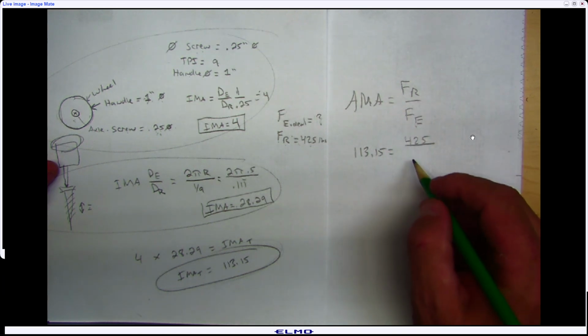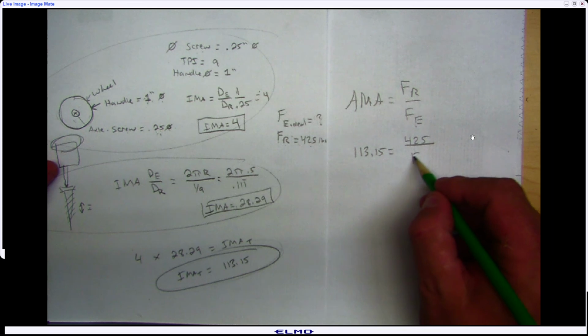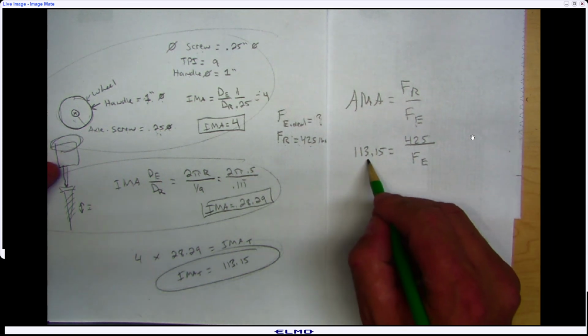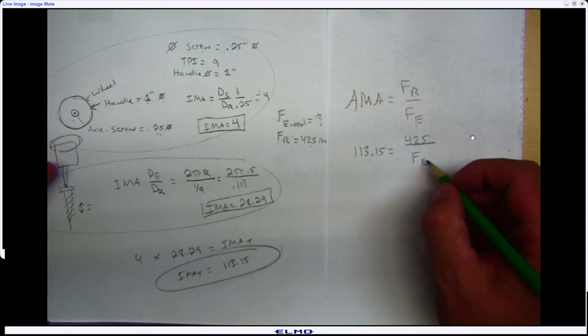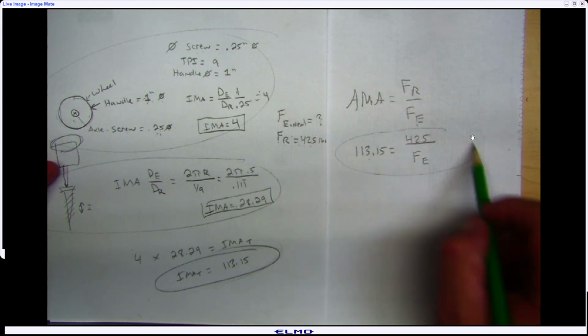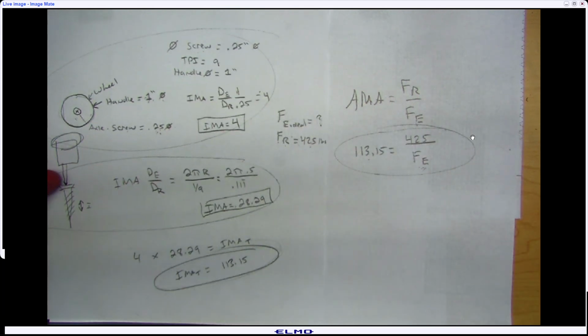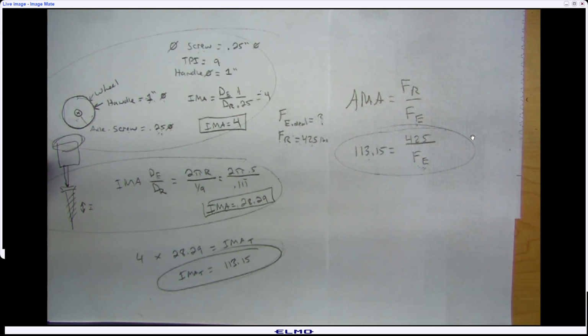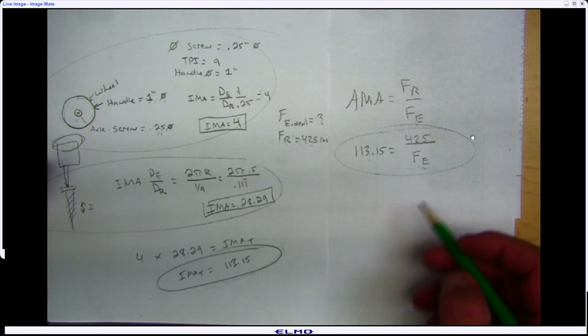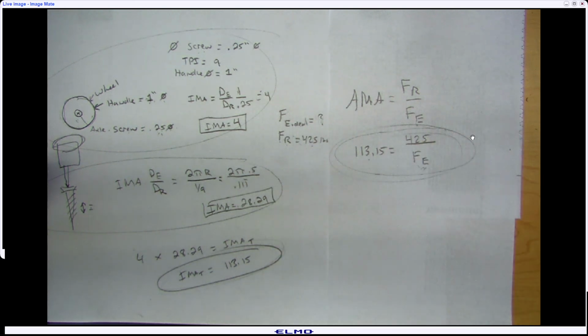What would be my force of effort if 113 was ideal? Then I would use my algebra and solve for my force of effort, which is my unknown. Essentially, this gives you your solution right here.